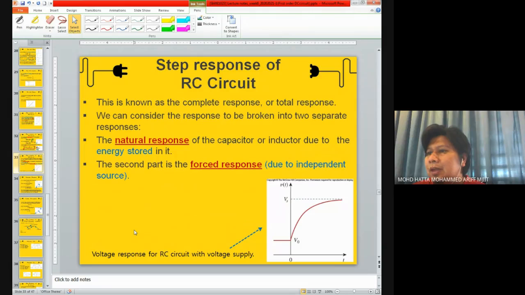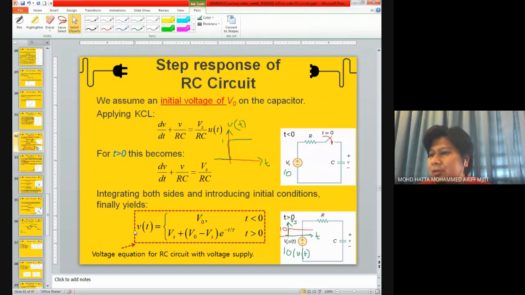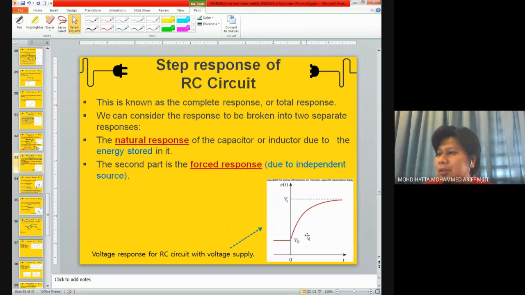Now if we try to plot this equation with respect to time, this is what the response looks like.